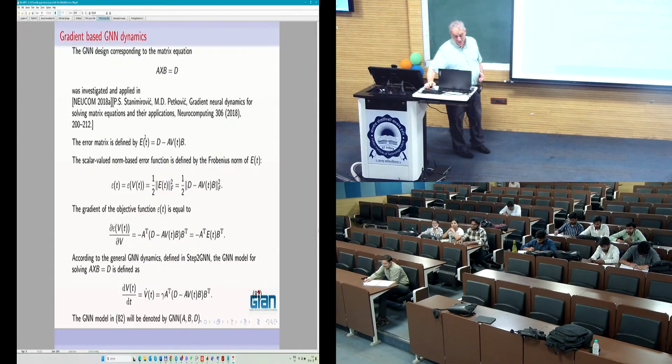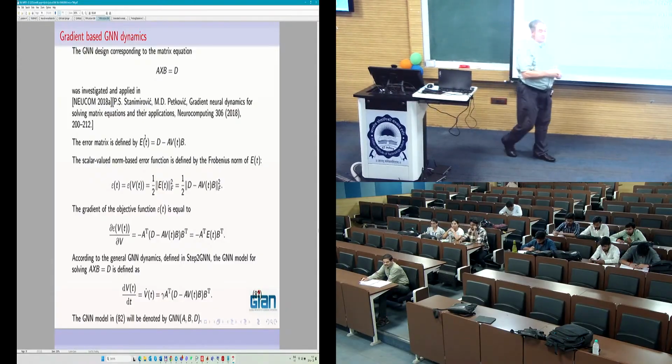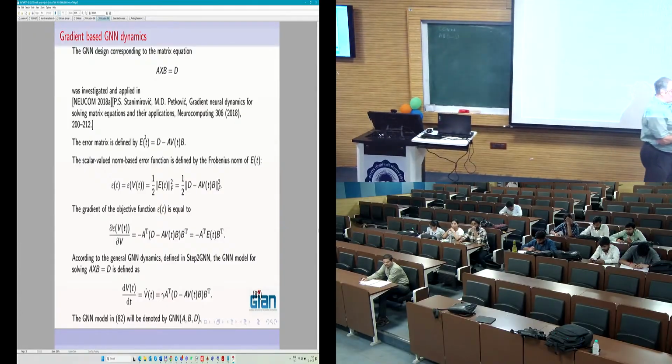Such a dynamical system can be applied in solving different matrix equations and vector equations. We decided to apply the GGNN model in solving the linear matrix equation AXB equals D. Of course, later it can be applied in computing the Moore-Penrose inverse, Drazin inverse, and matrix inverse.